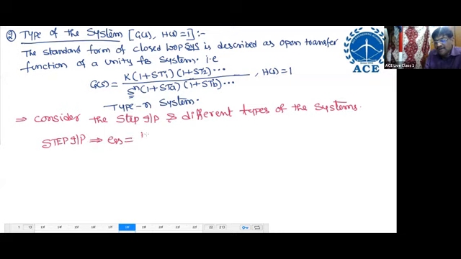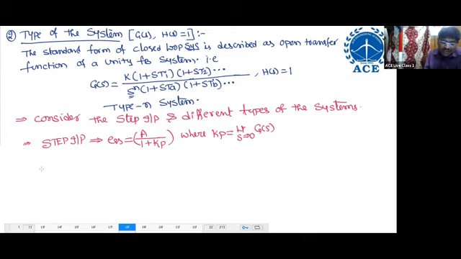ESS equal to A by 1 plus Kp, where Kp is limit S tends to 0, G of S.